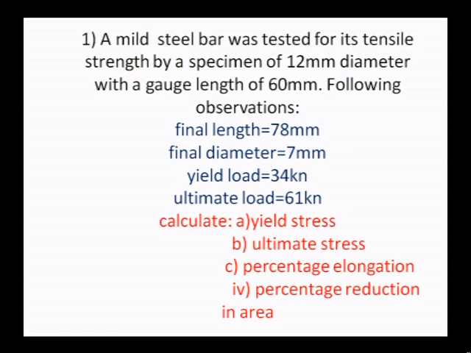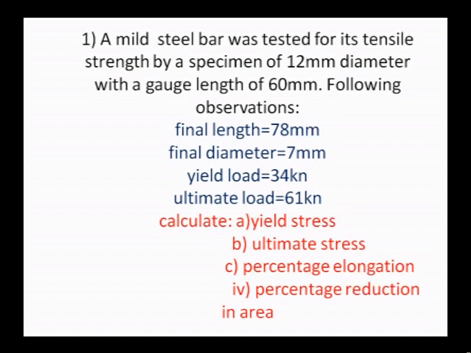The observations are: final length 78 mm, final diameter 7 mm, yield load 34 kilonewton, and ultimate load 61 kilonewton. We have to calculate the yield stress, ultimate stress, percentage elongation and percentage reduction in area.